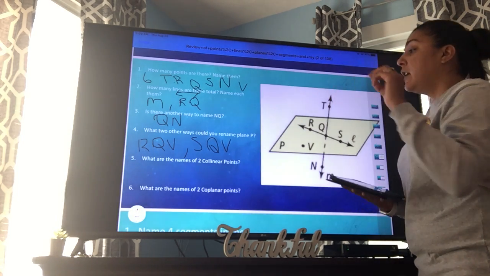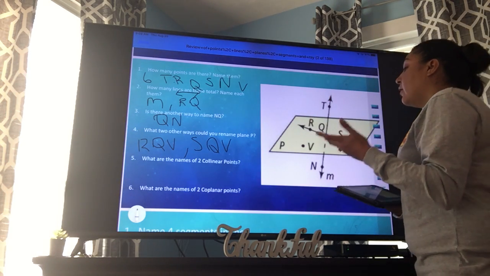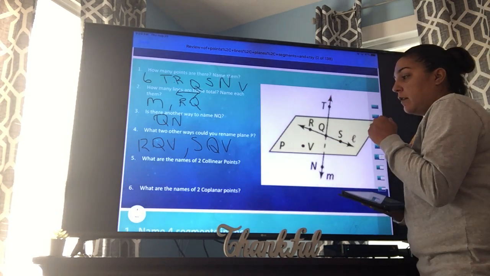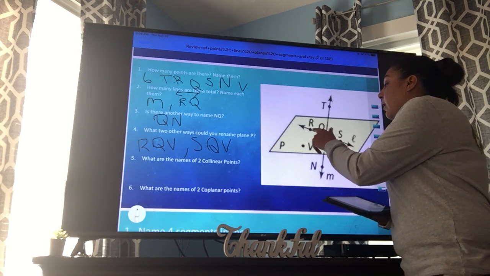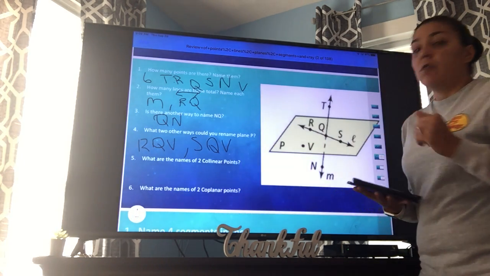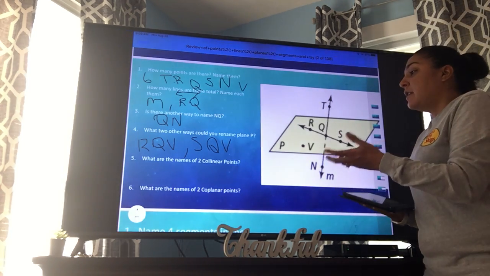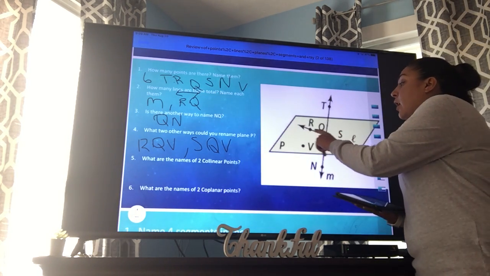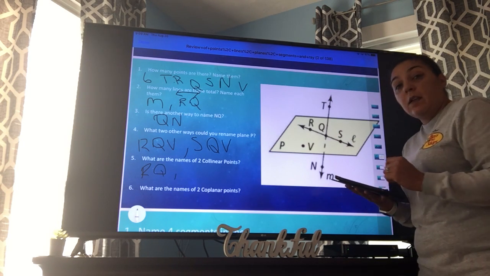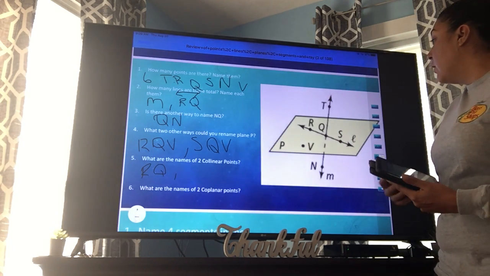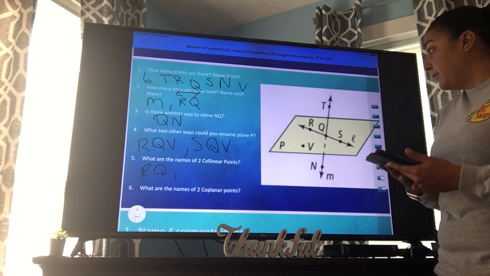So pick one of those, and you need 2 points that are on the same line. Okay, so we could say RQS is one. So collinear needs to have 2 or more. And in this case, we want 2. So I'm going to go with RQ. And another one that I'm going to go with, we could say TQ.